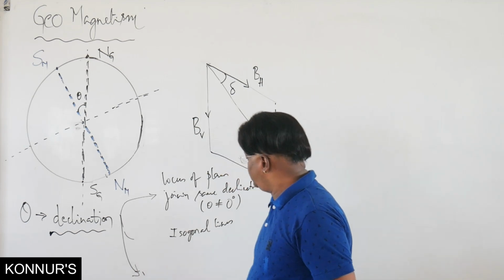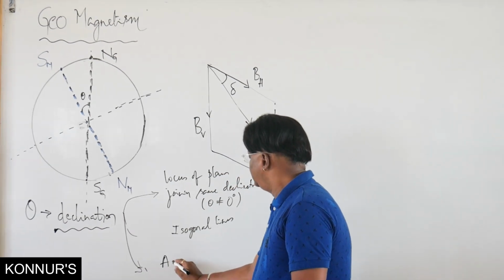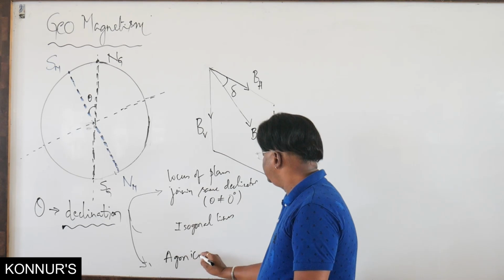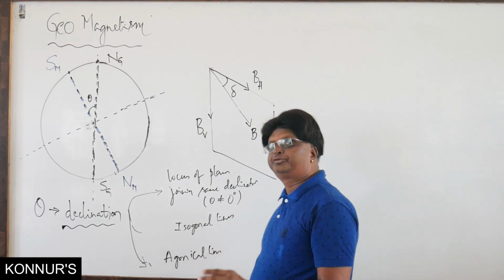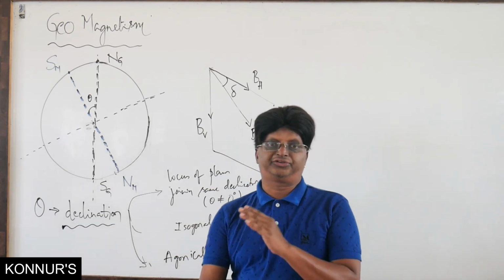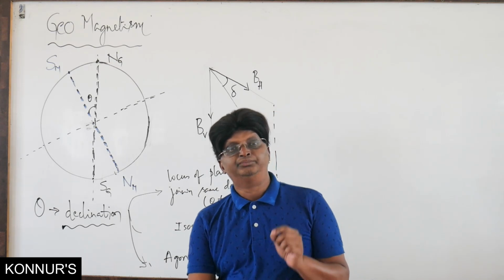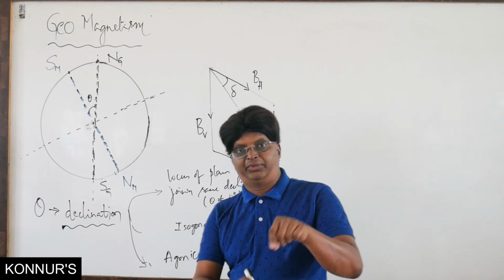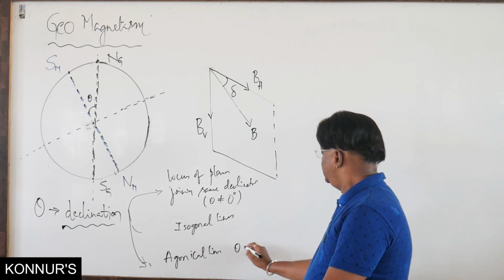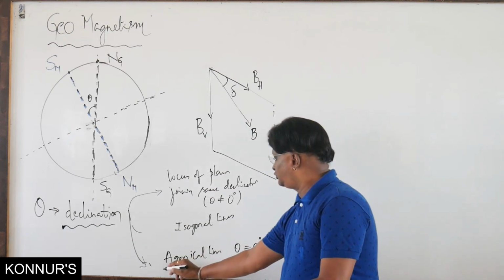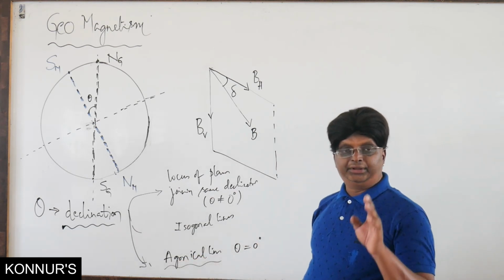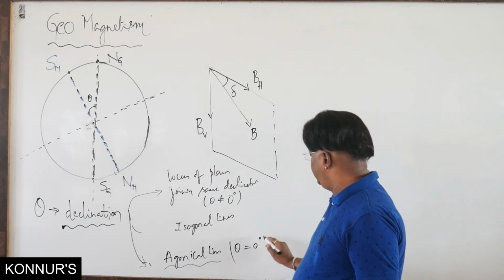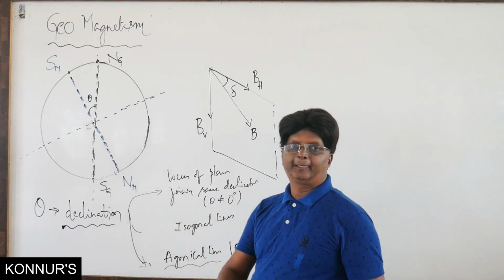One more time, I call it agonic line. What is an agonic line? Agonic lines are also the line or the locus joining the places of same declination, but this time that declination is 0. So at all those places which we call agonic lines, declination is the same and theta equal to 0 degrees.